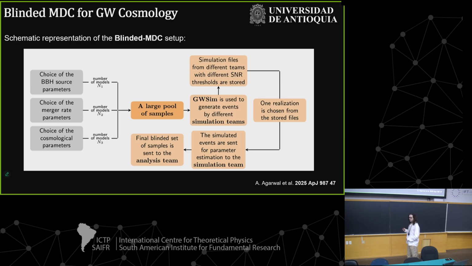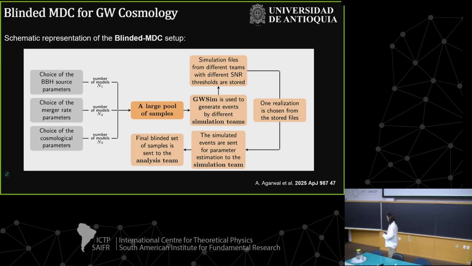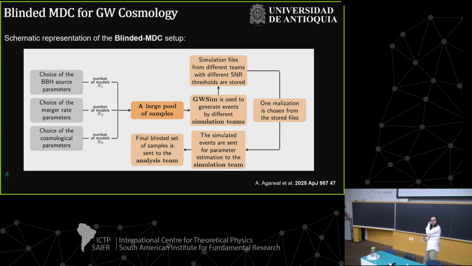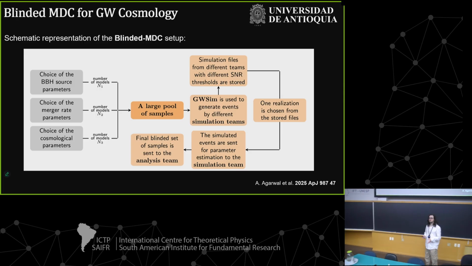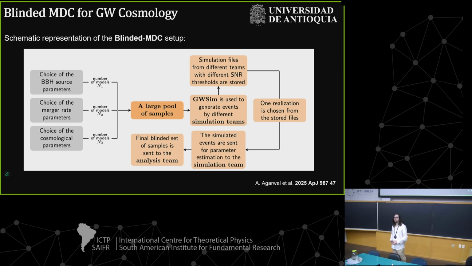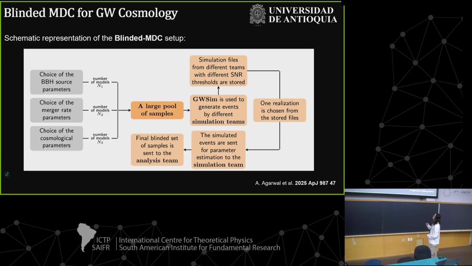These parameters of the distribution, the Hubble constant, and the merger rate evolution, were chosen in a random way. That makes it more robust, in the sense that the analysis team not only does not know the parameters chosen, but the simulation team does not choose some specific values either; they are chosen from some distributions and then randomly selected. So that's mainly the idea here.